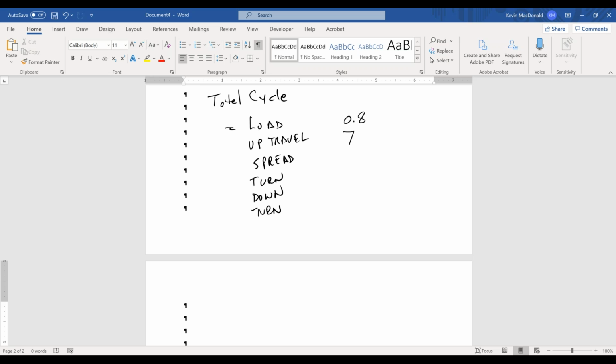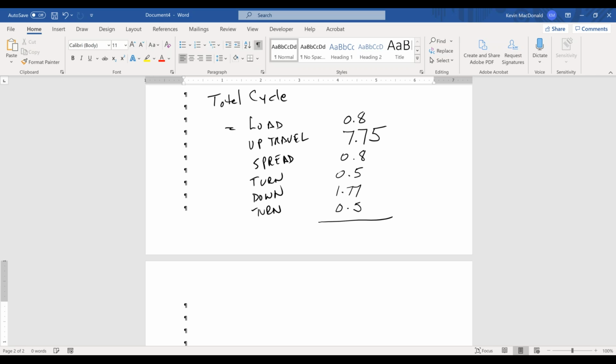Our up travel was 7.75 minutes. Our spread time, we're going to also take this as 0.8 minutes. It's based on experience. A turn is 0.5 minutes. Our downtime was a relatively small number, 1.77 minutes. And then another turn to maneuver and get ready to be loaded again.